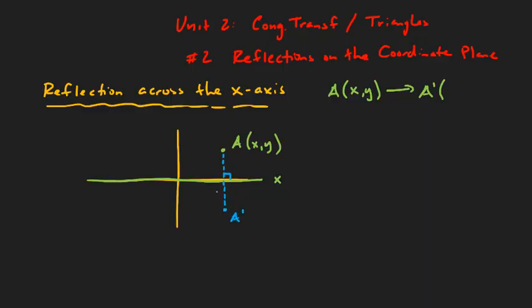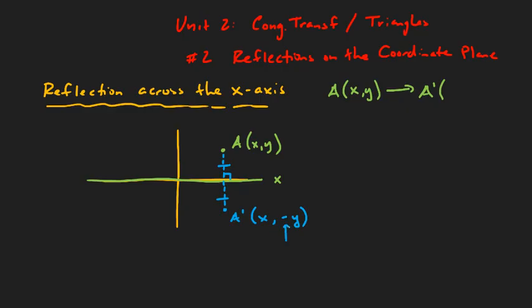Same distance, so congruent. If you notice, to get to this point A prime, we would still go to the right the same amount, so your x is going to remain the same. But now, instead of going to the right and up y, we're going to the right and down y. So your y value is going to become the opposite of y.